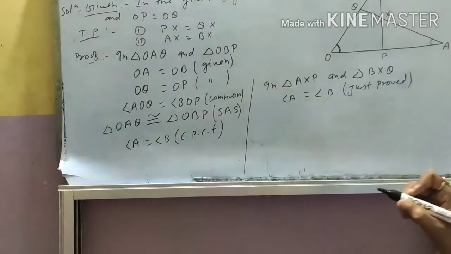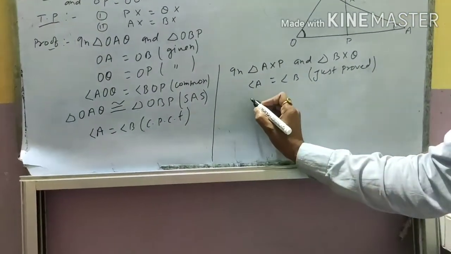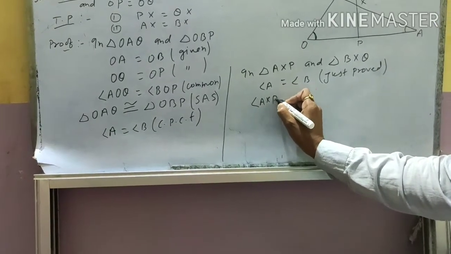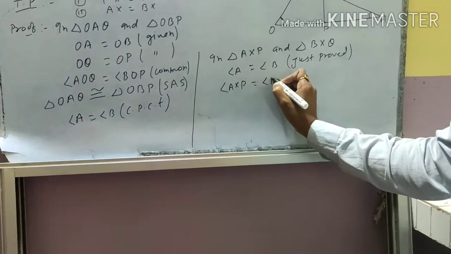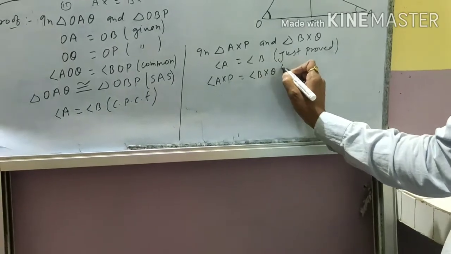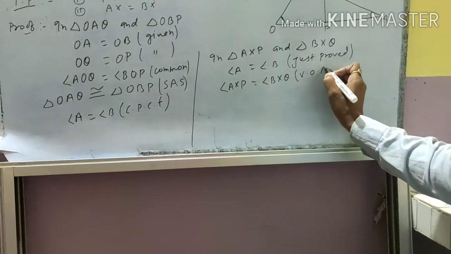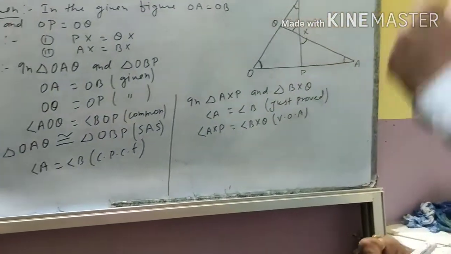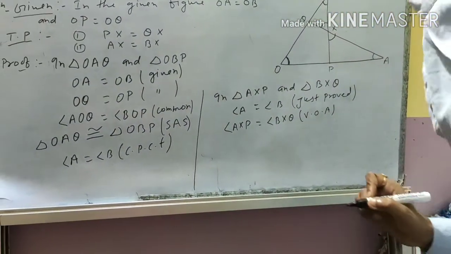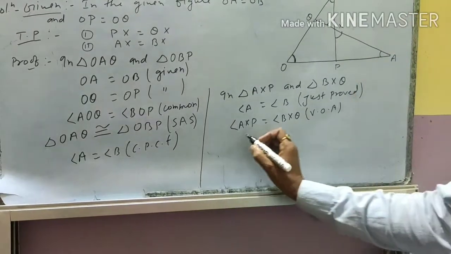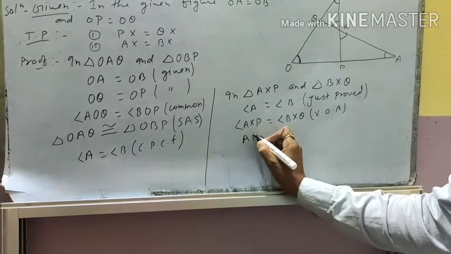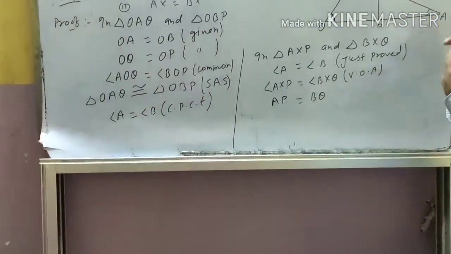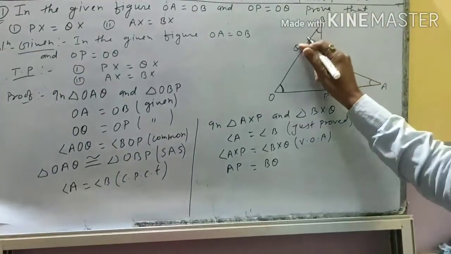Angle AXP is equal to angle BXQ, vertically opposite angles. That means this angle is equal to this angle. And the third thing is AP is equal to BQ.